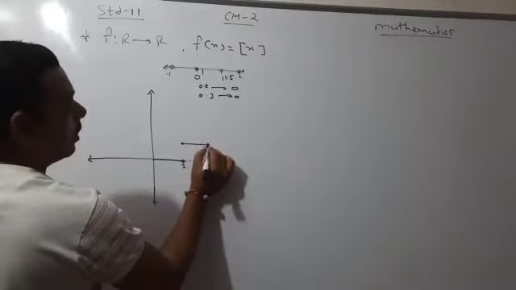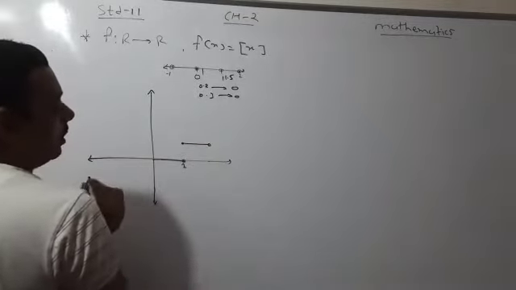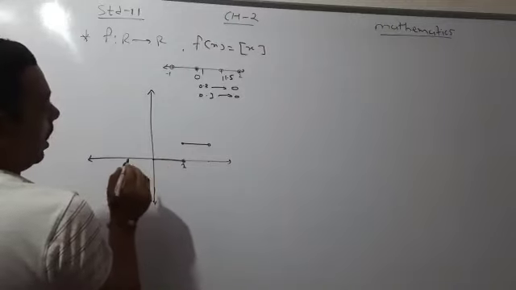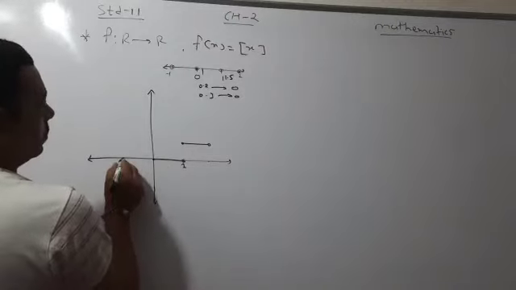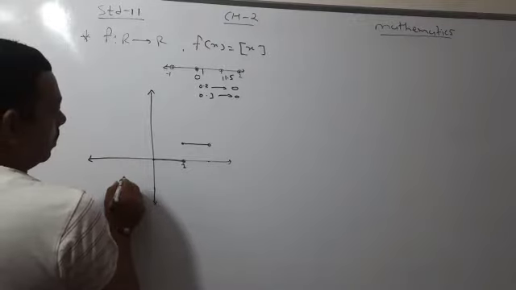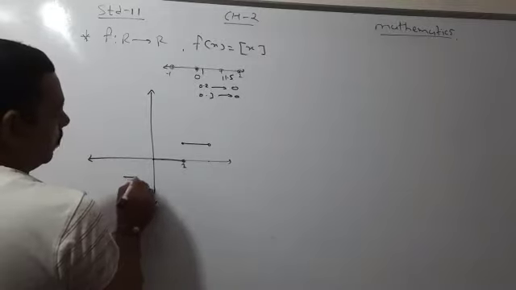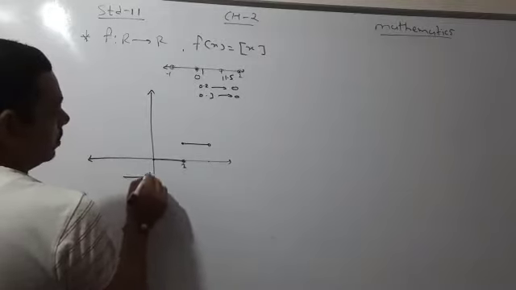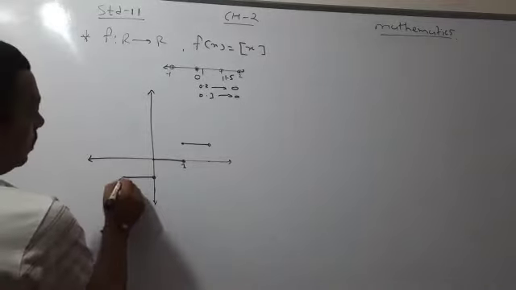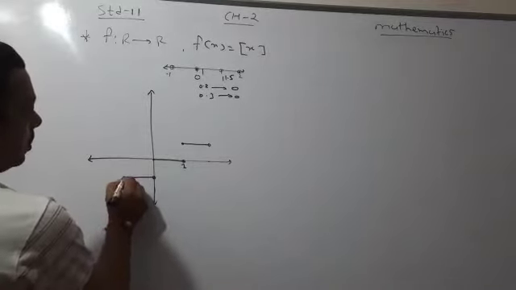your answer is 1. This way on the negative side. If I say minus 1, your answer is minus 1, and it stays minus 1 till 0; here 0 is not considered because 0 is covered there. So this minus 1 is considered.